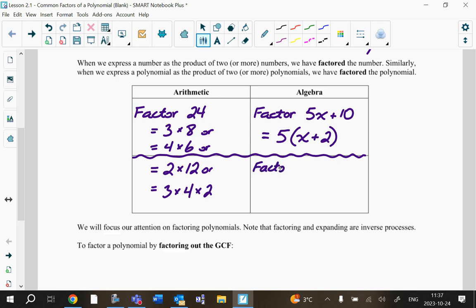I could factor something like this: x squared plus 5x plus 6. Meaning I want to break those up into two expressions that multiply to get this. Well, it turns out that it's going to be x plus 2 times x plus 3.